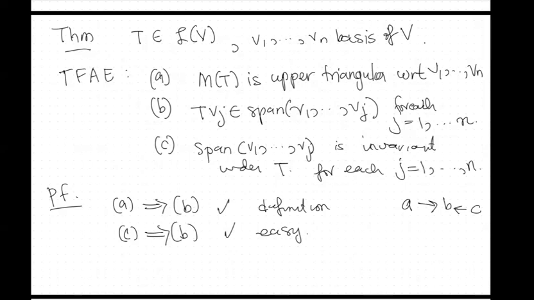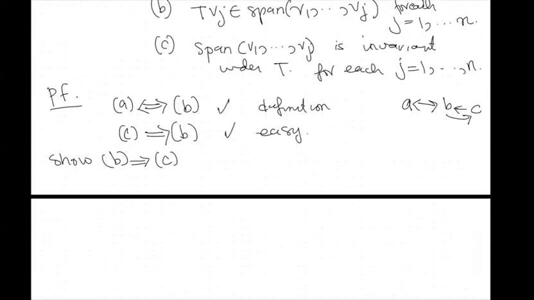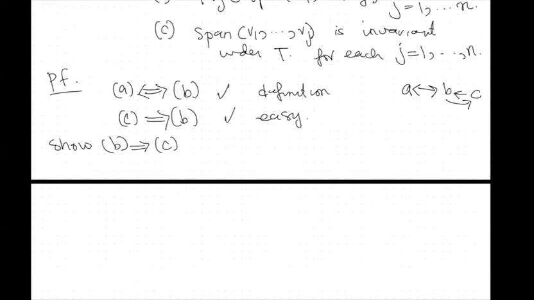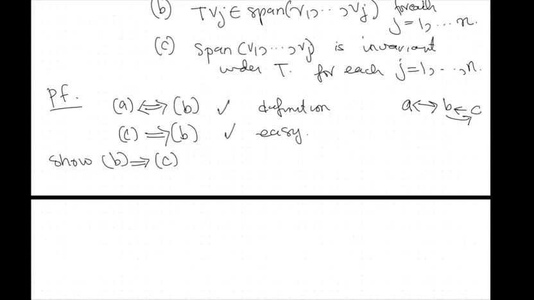And then what's missing? B implies C. So we need to show that B implies C. Okay, let's show B implies C. Suppose B holds.